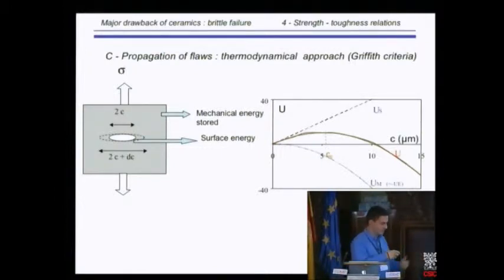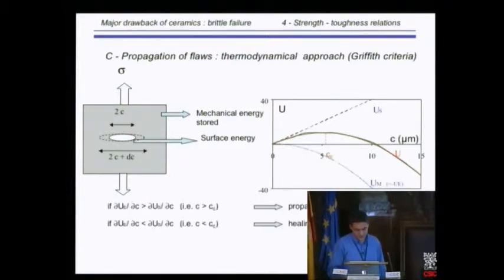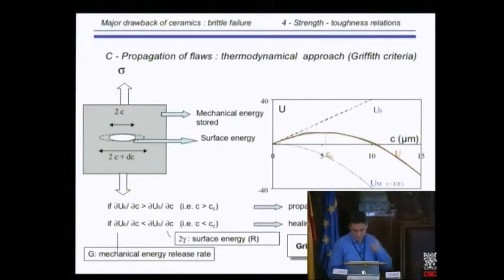But on the other side, you create new surface. The larger the crack, the larger the two surfaces that have been created. So all in all, you have a curve like that, which is increasing for low crack size and decreasing for larger crack size. And of course, a system wants to go to a decrease of the free energy.